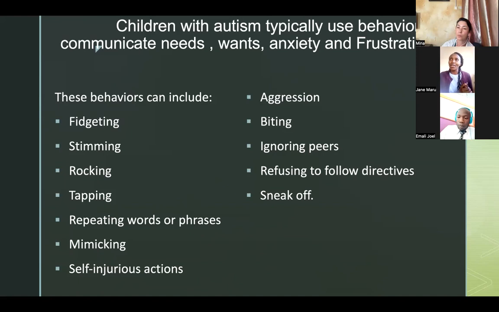Or at break time, instead of going out to play with other learners, they sneak off to some other place. So that is some of the behavior we have with children with autism. Yes, thank you. Next slide, please.